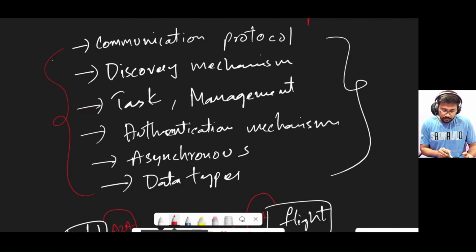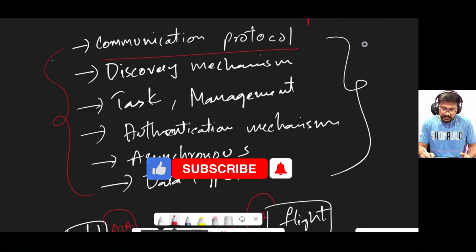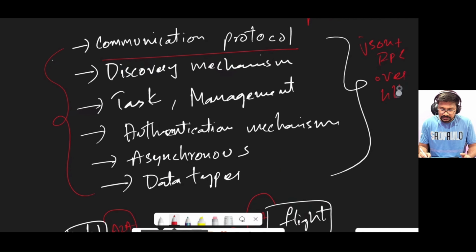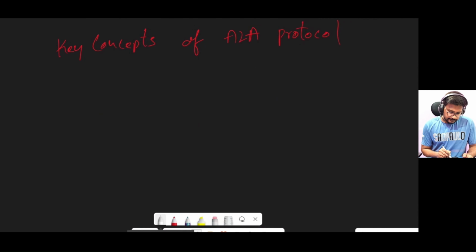So basically, the communication protocol which the A2A provides is JSON RPC over HTTPS. So it uses HTTPS and JSON RPC to communicate with each of the agents. So try to understand this RPC, it is an important concept. Let's see each one of these concepts below again, and what exactly they provide.